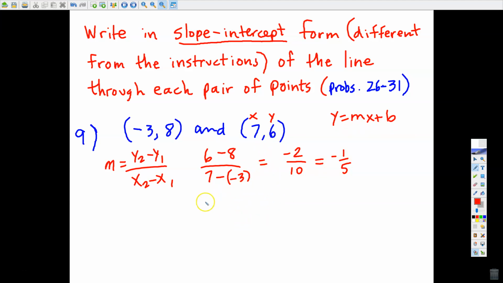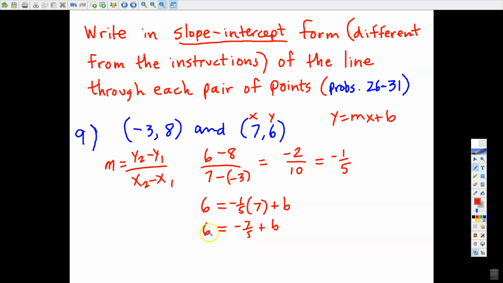Okay, so let's substitute 6 for y equals -1/5 m, 7 is x, and then solve for b. Okay, when we do the multiplication here, -1/5 times 7 is -7/5. So I'm going to be adding 7/5 to both sides. So I'm just going to change 6 into a fraction with denominator 5 so it matches this one.